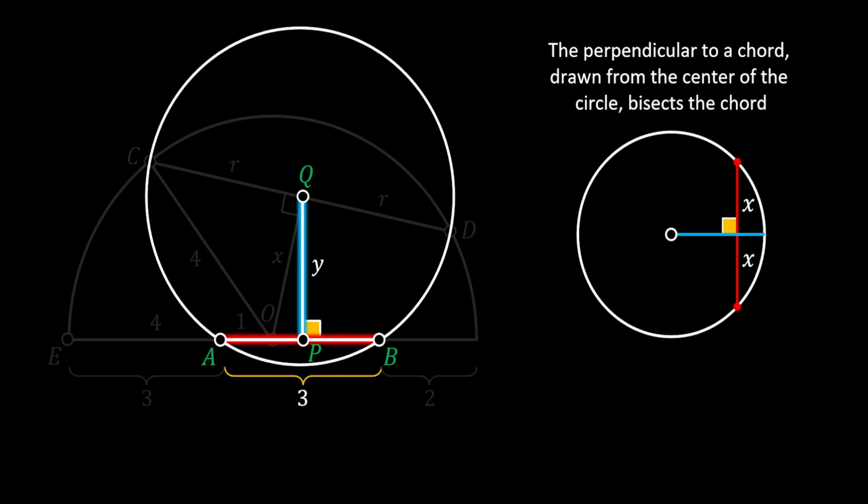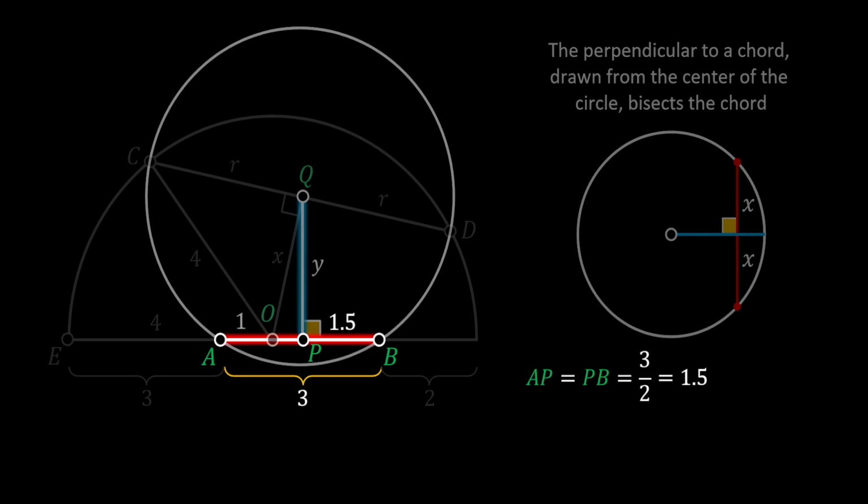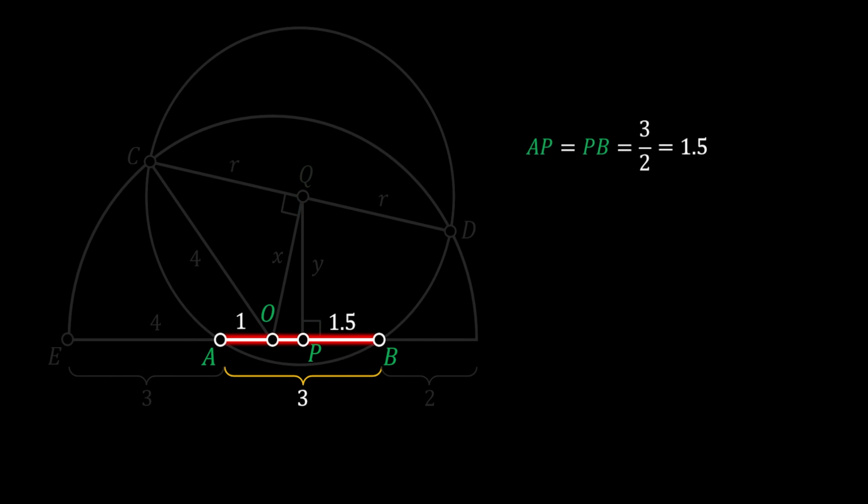Since the line QP is perpendicular to the chord AB, this means that it will bisect the line AB. So the segments AP and PB will be equal, and their length will be half of the length AB, which is 3/2, so we can say that the length PB must be 1.5.